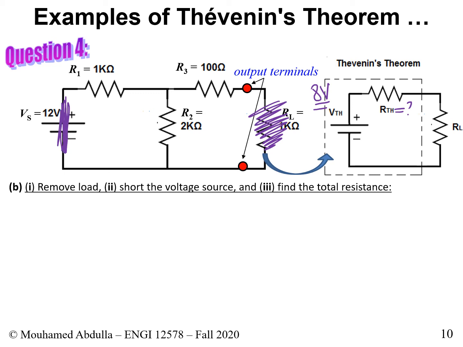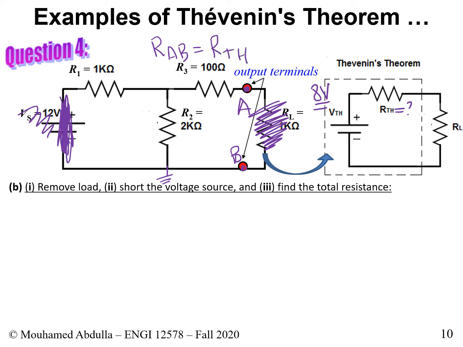You simply replace it by a wire, and this is our reference point. We want to find the resistance between this node and this node, so let's annotate them, node A and node B. The resistance between node A and B is what will give us our RTH.